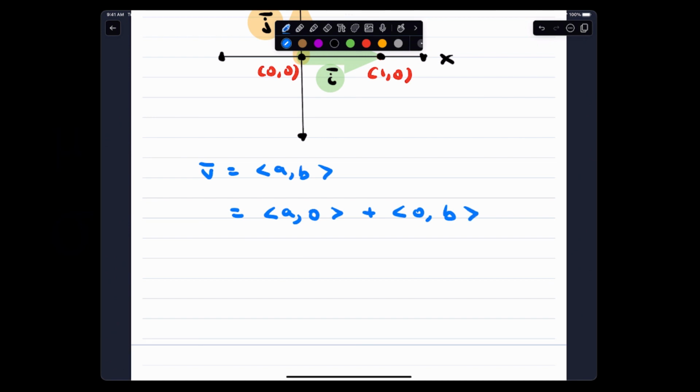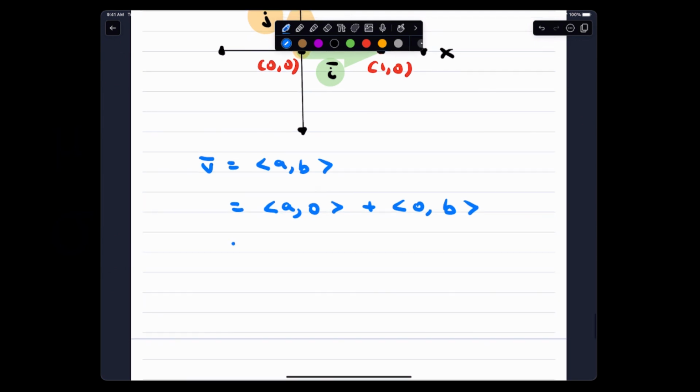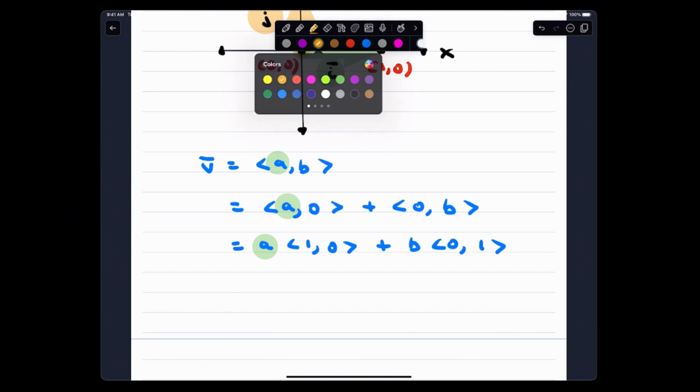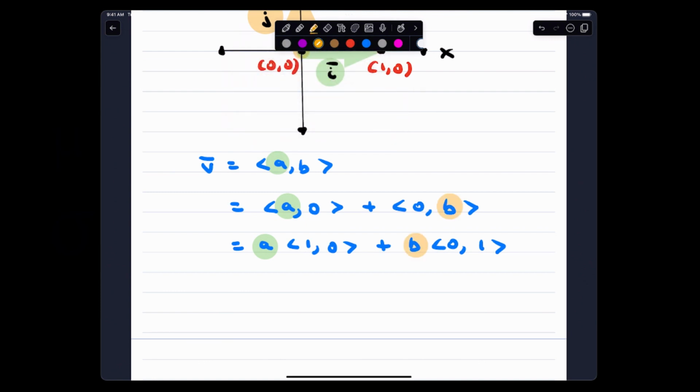Now, remember, we can pull out or multiply a vector by a constant. It's almost like I'm factoring out the constant a and the constant b here. So you have this a all along here, and you have this b all along over here. And what you should identify is that this is the definition of the i vector, and this is the definition of the what? j vector.